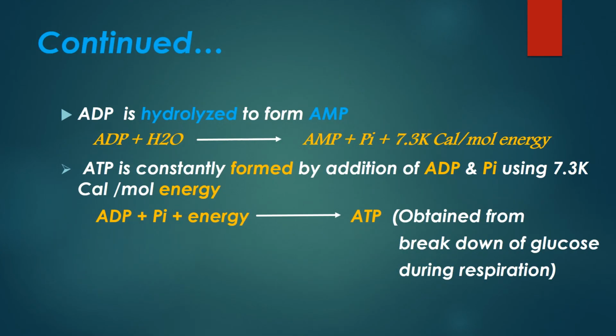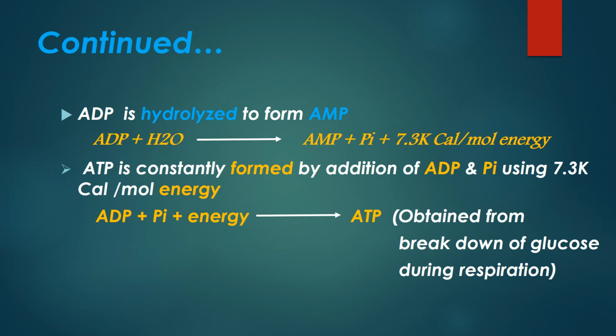When ATP is hydrolyzed and one phosphate is released, it becomes ADP, and when we hydrolyze this ADP, one phosphate is released and it becomes AMP. AMP means adenosine monophosphate.